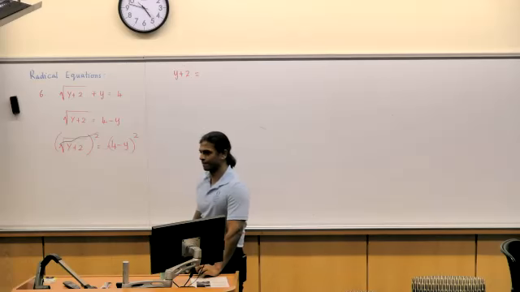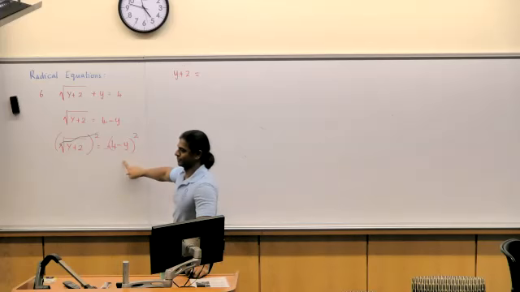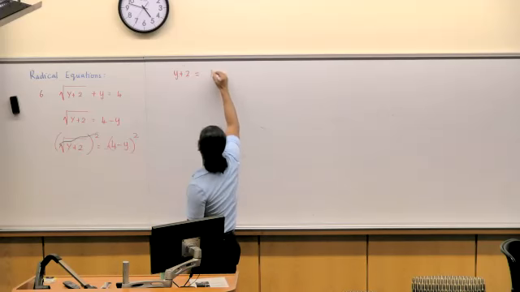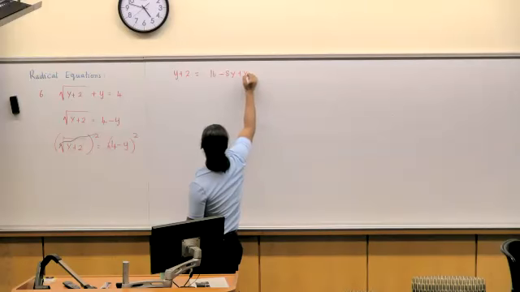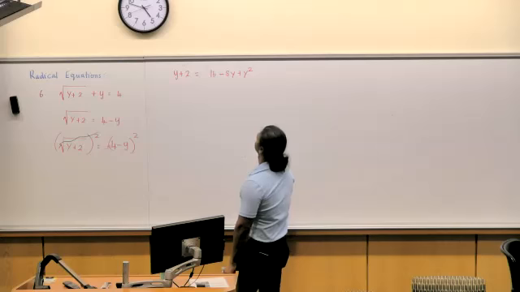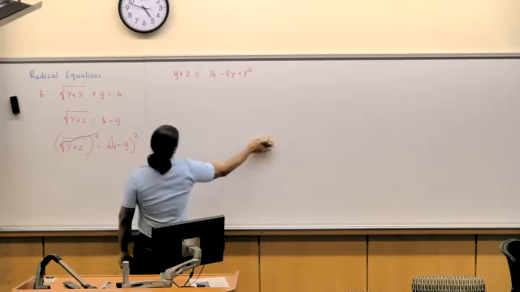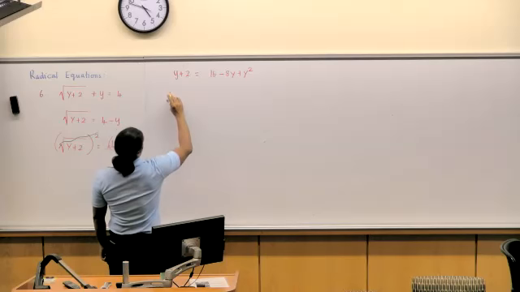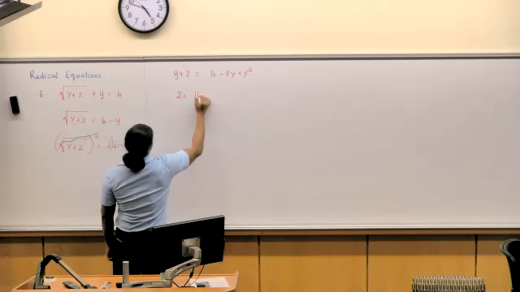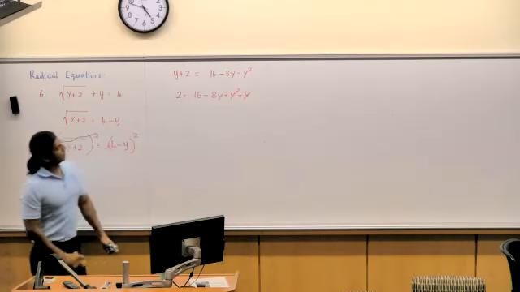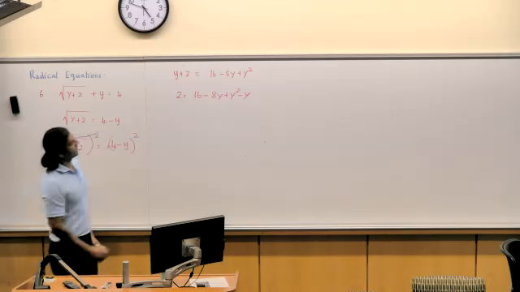What should we do? FOIL. So if you FOIL 4 minus y squared, you will get 16 minus 8y plus y squared. Move the y's to one side.